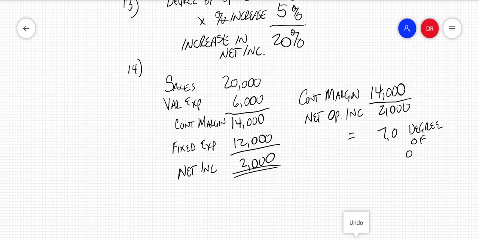What this shows you is the impact of changes in the contribution margin in relationship to the net income. Like I said before, once you pass this break-even point, every additional item you sell adds its contribution margin per unit to the net income, because you've already covered all the fixed expenses.